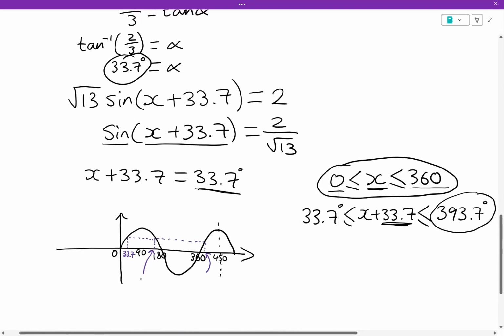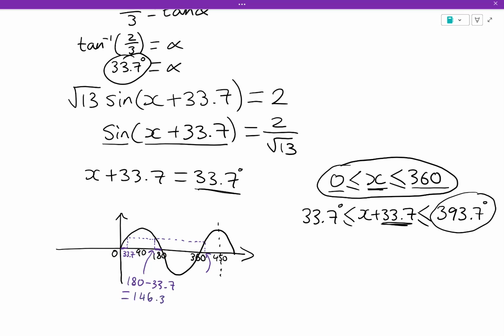Okay, so for this first one here, the idea is this gap here, 33.7, is equal to this gap here. So therefore I would need to do 180 subtract 33.7, which would give me 146.3 degrees.